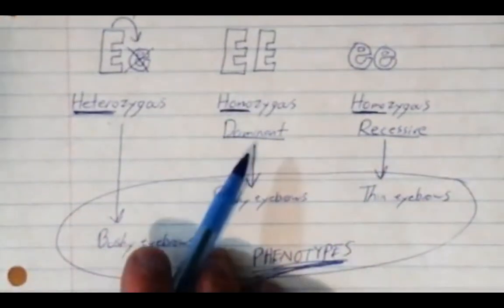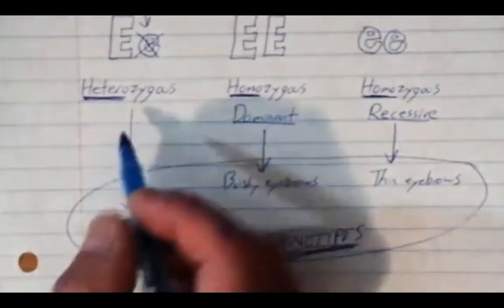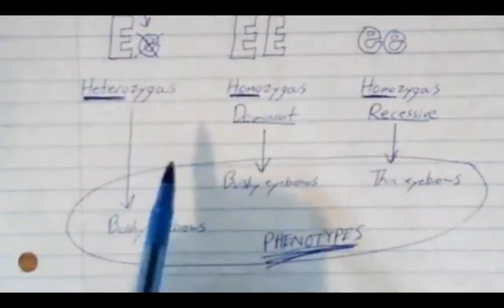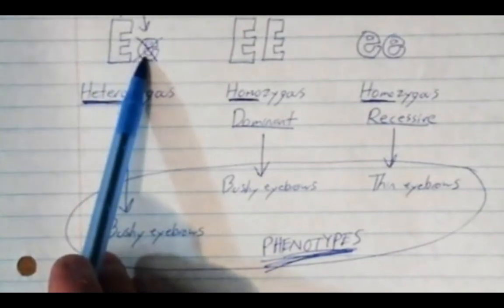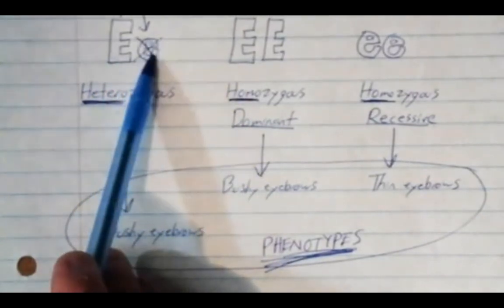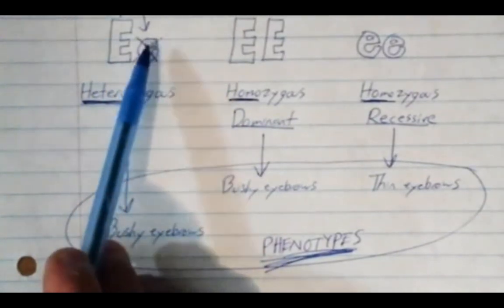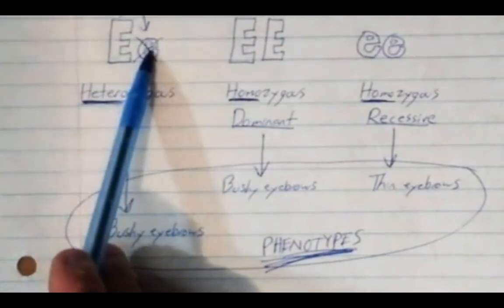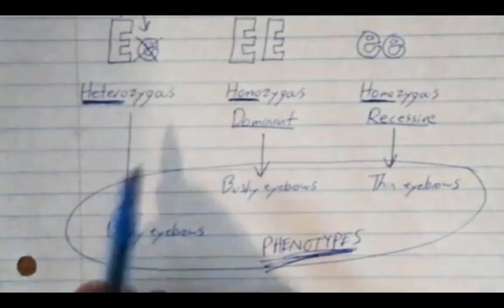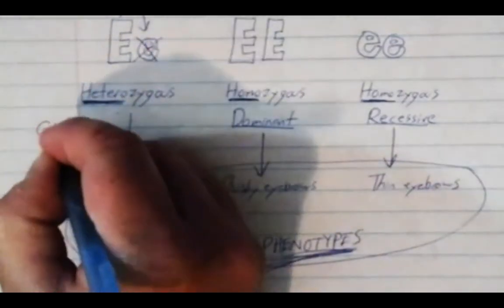Now, one other thing I want to note here is this guy, the heterozygous person. They have the capital, and the capital dominates over the lowercase, but they're still carrying that lowercase around. They still have the ability to give that to their child, even though it's not showing up on their body at all. So we call these people carriers.